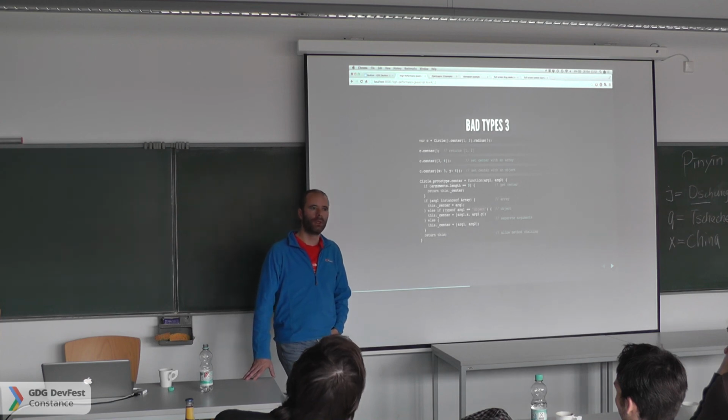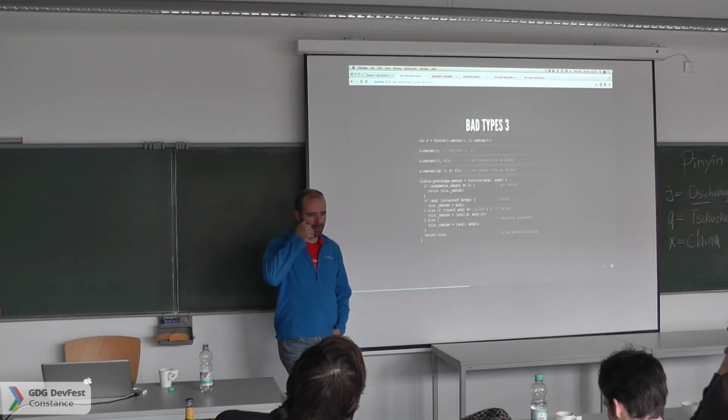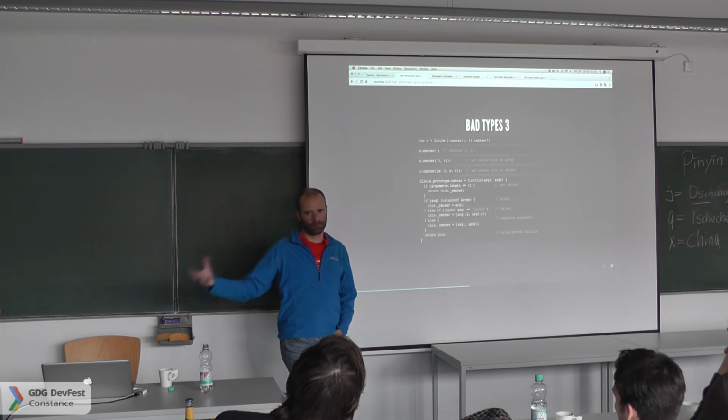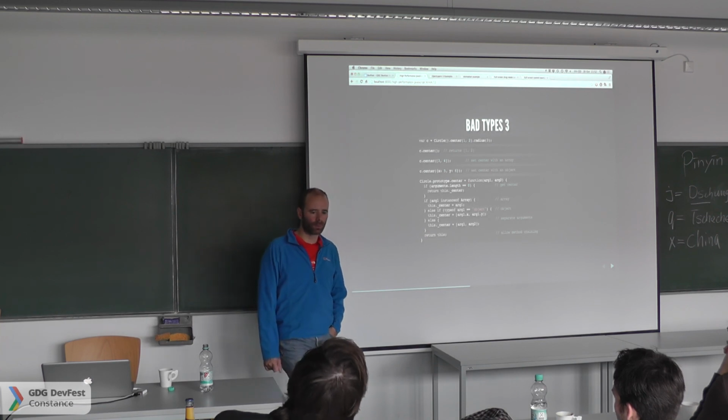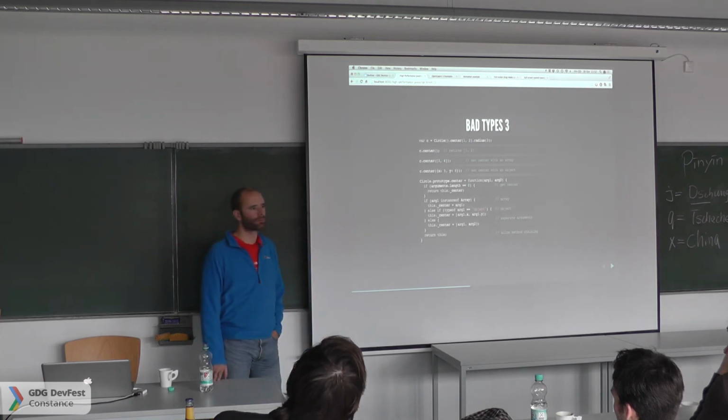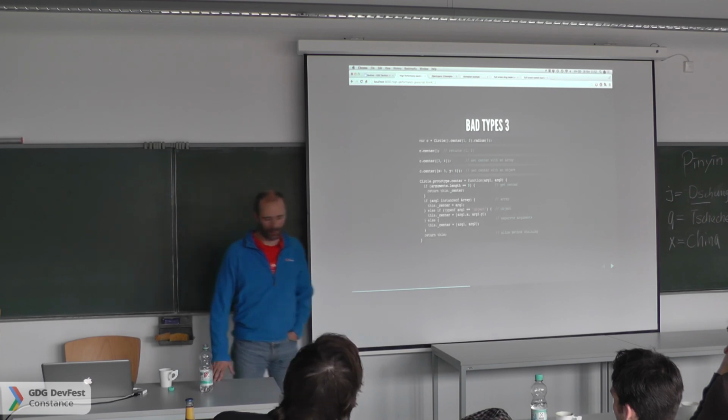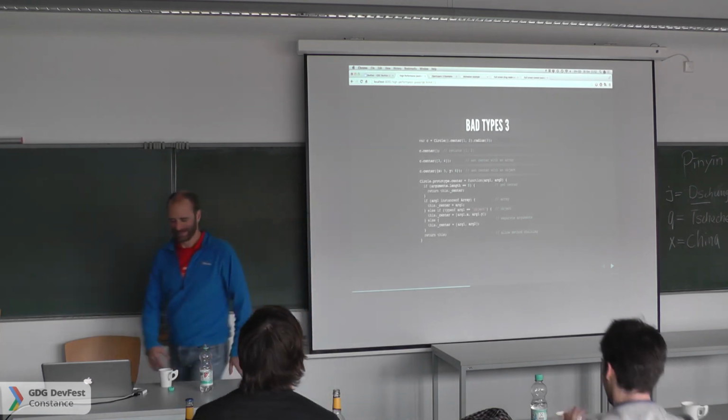Only during compile time, not during runtime. But if you compile your application and your library together, then you'll get the whole thing properly typed. Cool. Thank you very much.